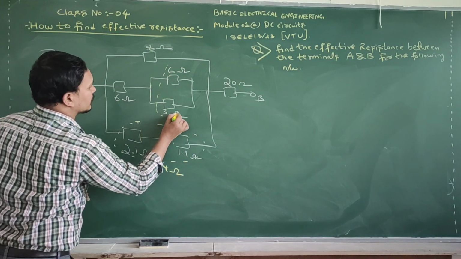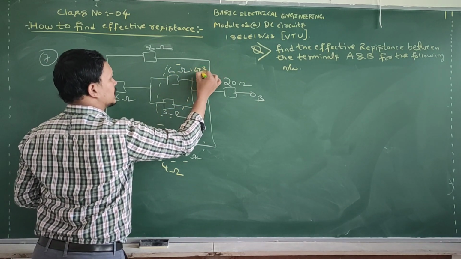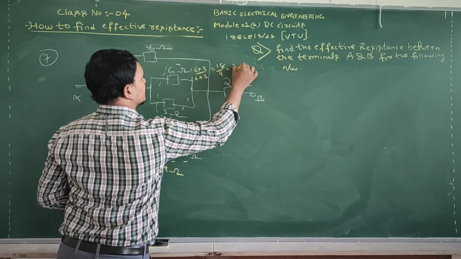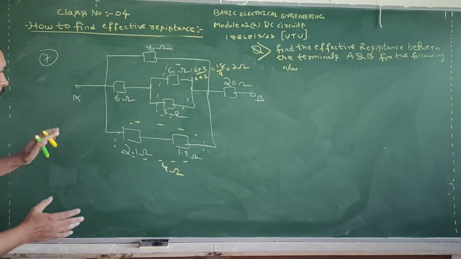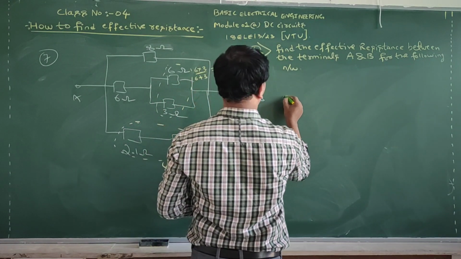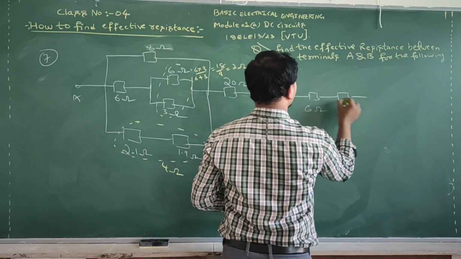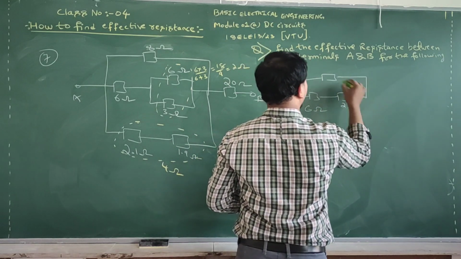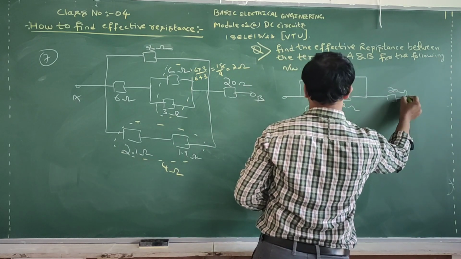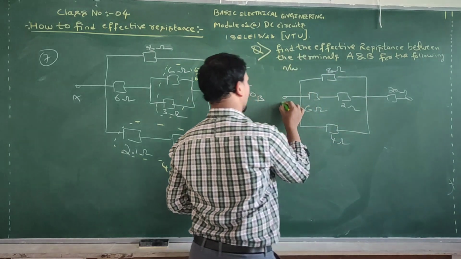This I got 4 ohm as an answer. Now these two are connected in parallel. So 6 into 3 divided by 6 plus 3. 18 by 9 is equal to how much? 2 ohms. Now draw the reduced network. So by drawing, we get like this: 6 ohm, 2 ohm, and 8 ohm, and then here 20 ohm, and then again 4 ohms.